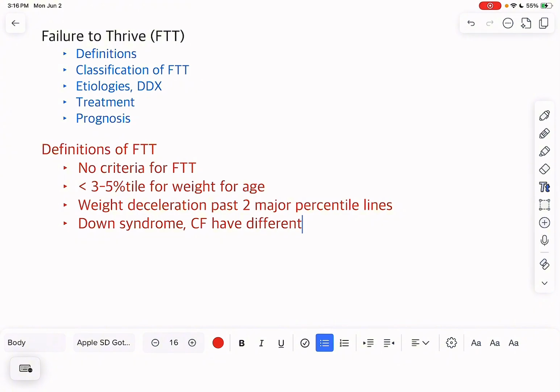They have different growth parameters, so that's important to know if you have a child that you're taking care of that has Down syndrome or cystic fibrosis. They have different growth charts that need to be compared, and you shouldn't use the one we use for normally developing children.